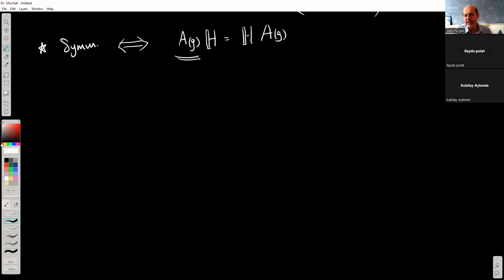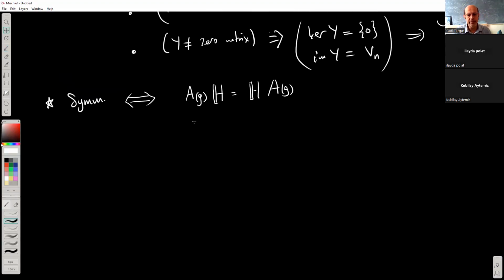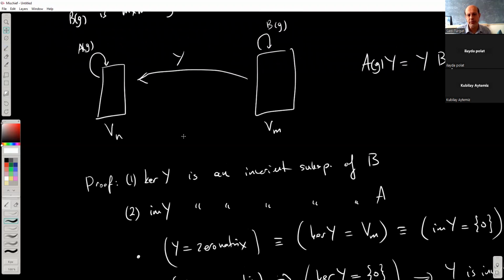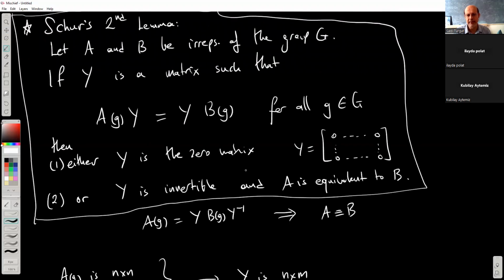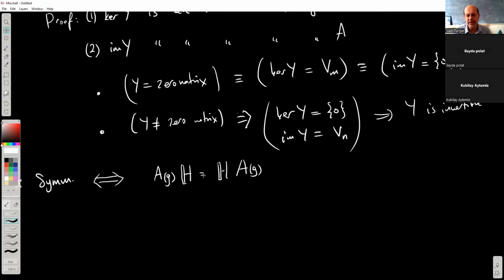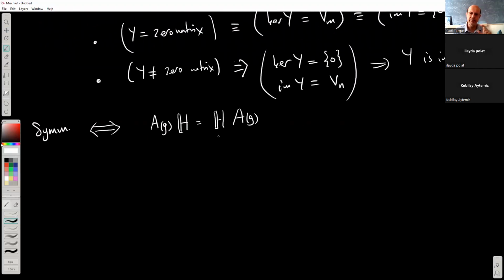But this is not irreducible usually. It's going to be reducible. But if I decompose this into the block diagonal form in terms of the irreducible ones, then this relationship can become useful through the use of Schur's lemmas. As a result, I can say something about certain blocks of this Hamiltonian.